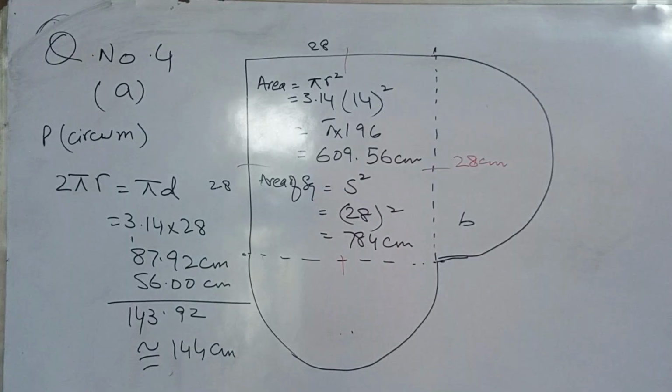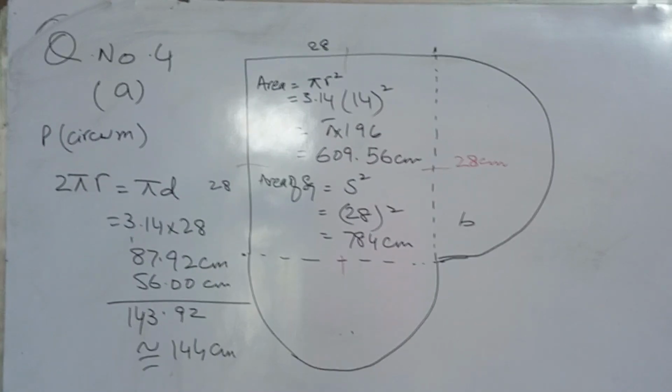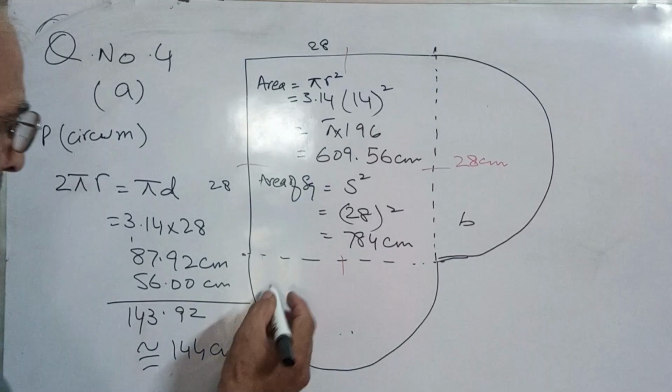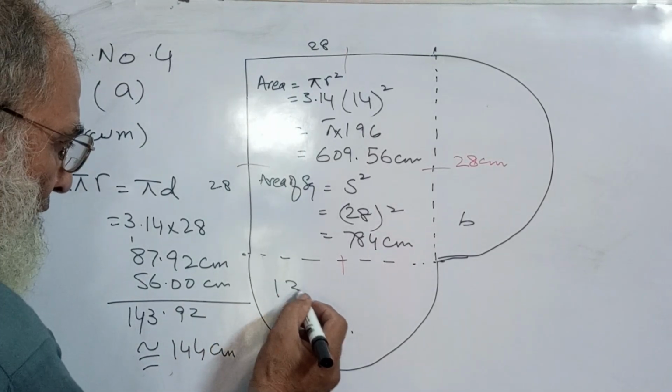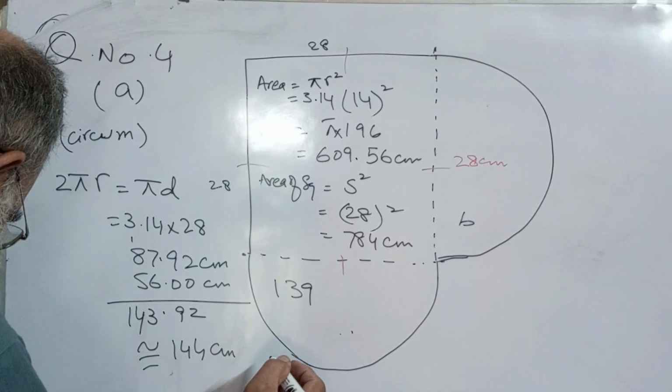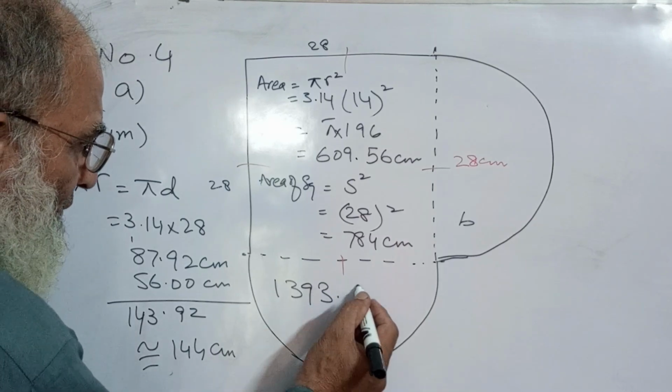We will get, add 784 and 609.56. It will become 1393.56.